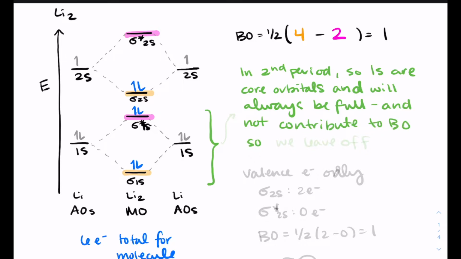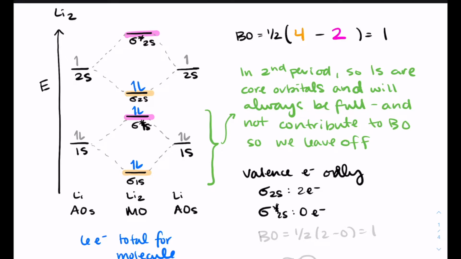So if we use the valence electrons only, for example for dilithium, to calculate the bond order, now I'm ignoring everything in 1s. I have 2 electrons in my sigma 2s and 0 electrons in my sigma star 2s. My bond order would be half of 2 minus 0, which is 1. So I'll get the same answer by just dealing with the valence electrons.